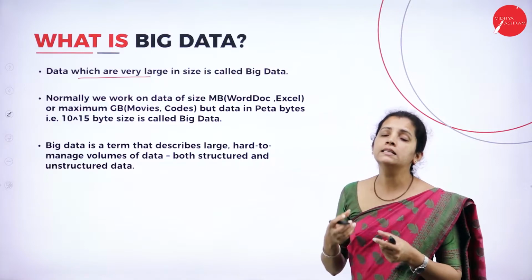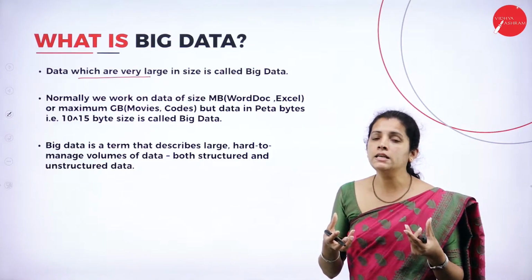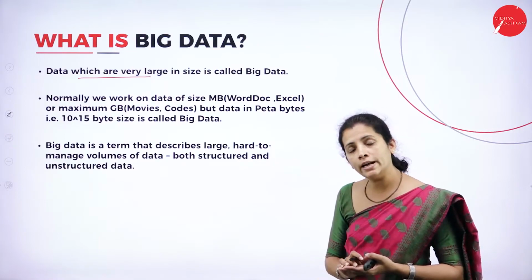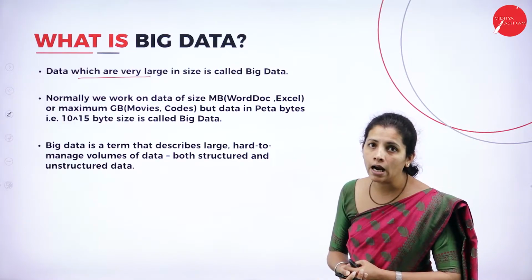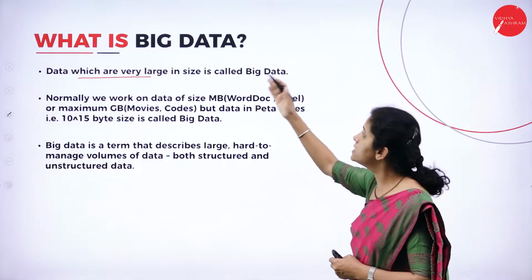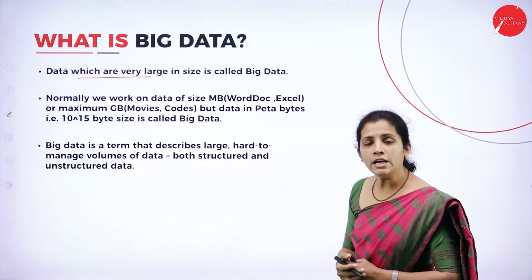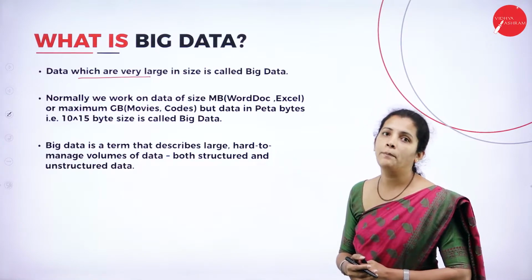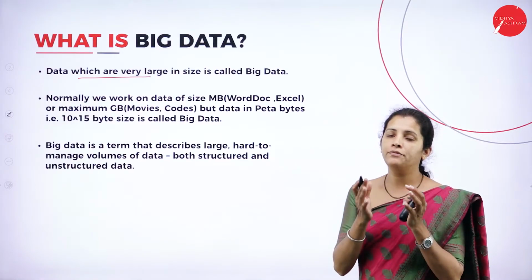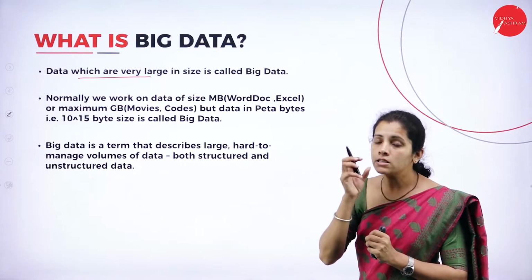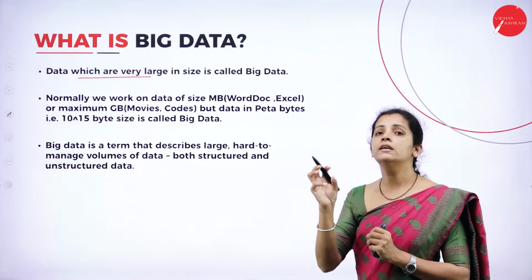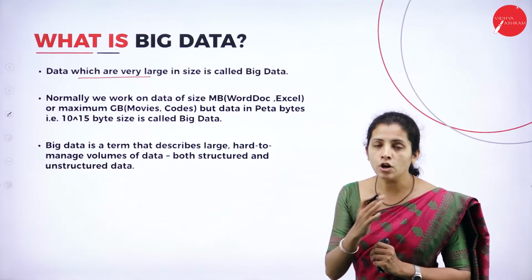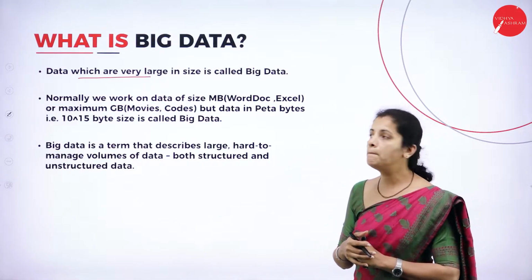Very large in size means what? Is it gigabytes of data, or megabytes of data, or terabytes of data? Here the size of data is measured in terms of yottabytes, zettabytes or petabytes. See the difference here, student.